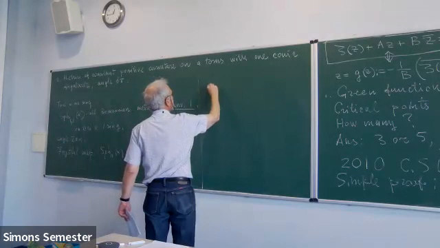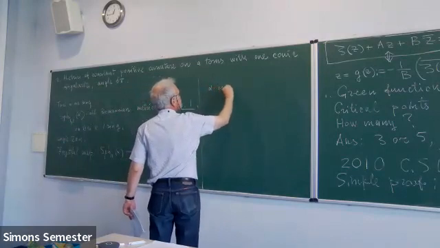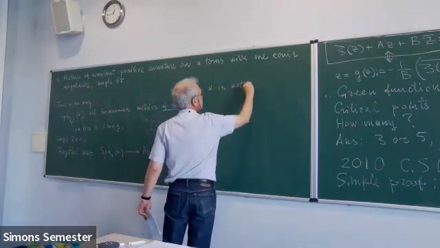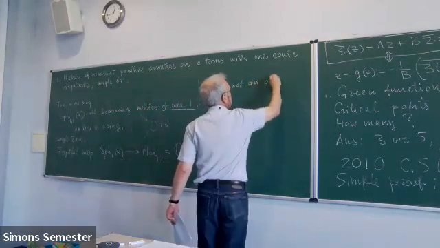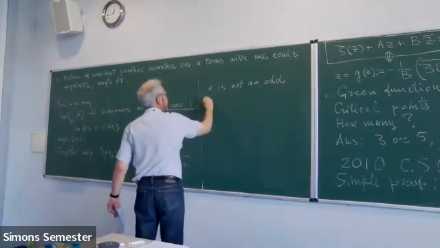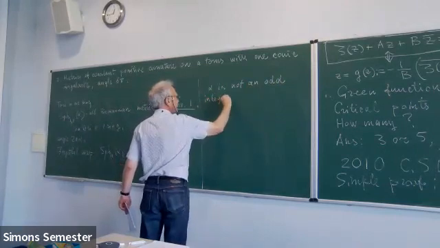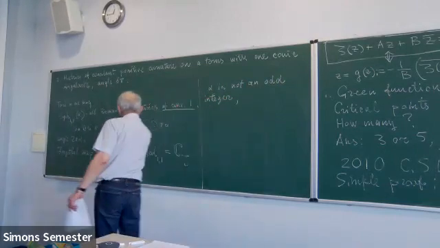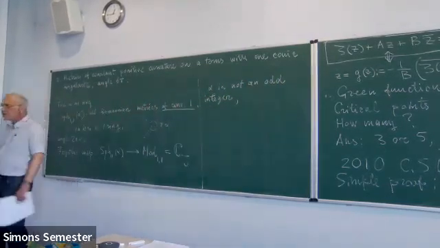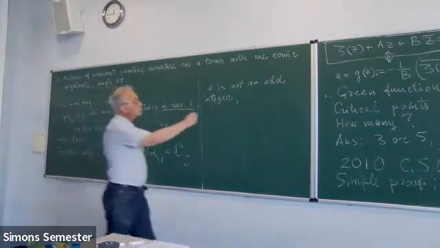So for tori, the situation is the following. If alpha is not an odd integer, this map has a topological degree. I will explain what this is.